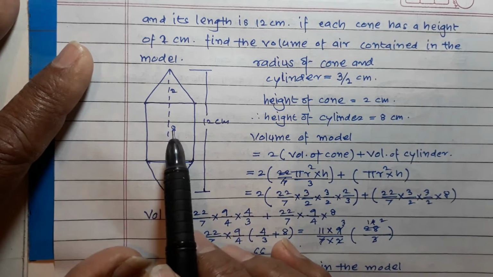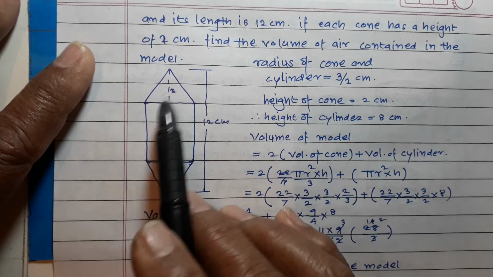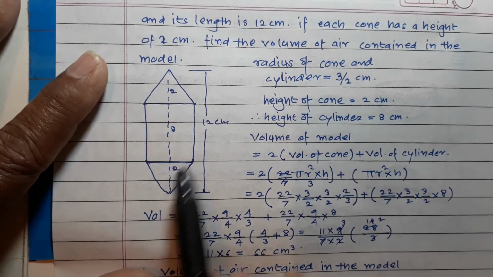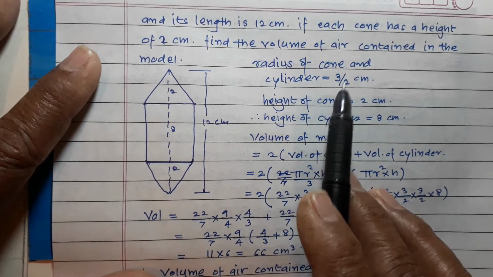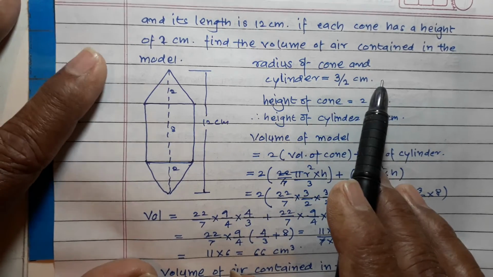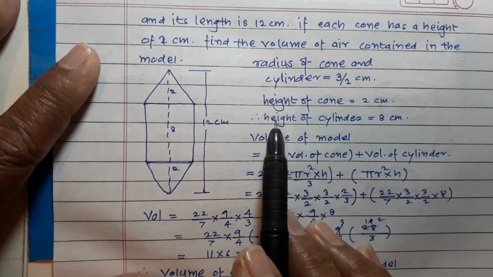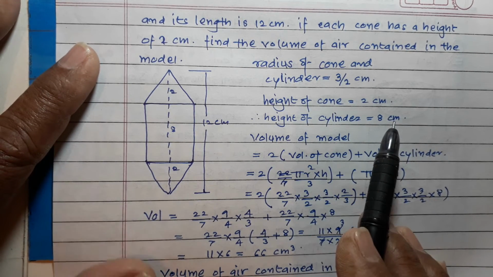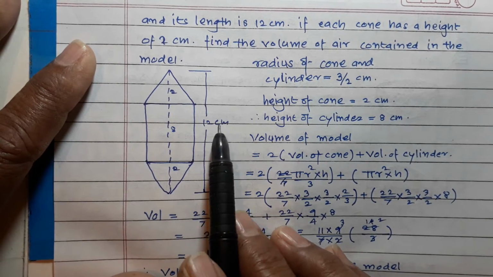The middle part is of cylindrical shape and at the two ends there are cones. Now the radius of the cone and cylinder is equal to 3 upon 2 centimeter, the height of the cone is equal to 2 centimeter, and the height of the cylinder is equal to 8 centimeter, because the total is given as 12 centimeter.